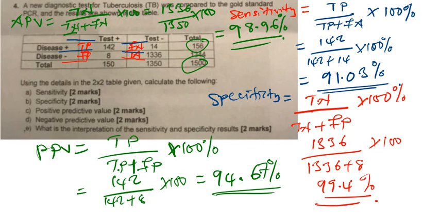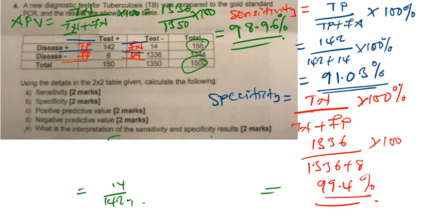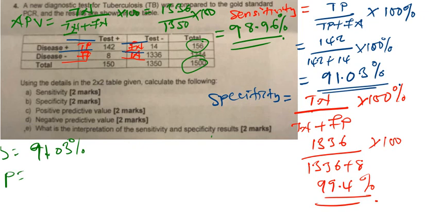Now, part E is asking what is the interpretation of the sensitivity and the specificity results. So now let's interpret the results. If we look at the sensitivity, we have 91.03%. That is sensitivity. Then specificity, it is actually 99.4.